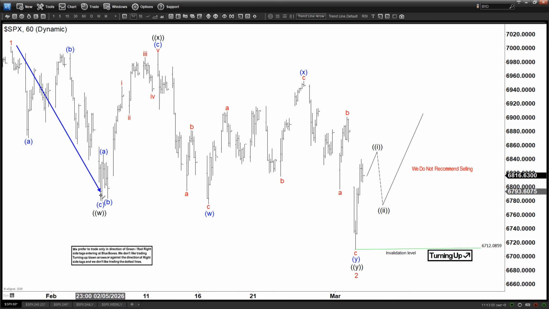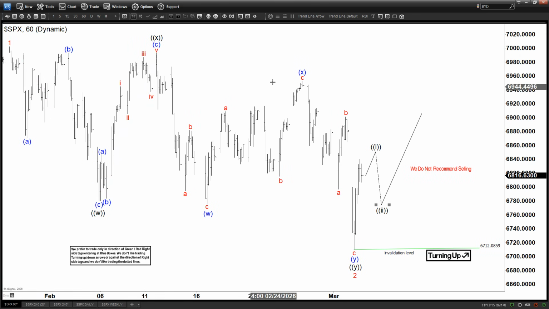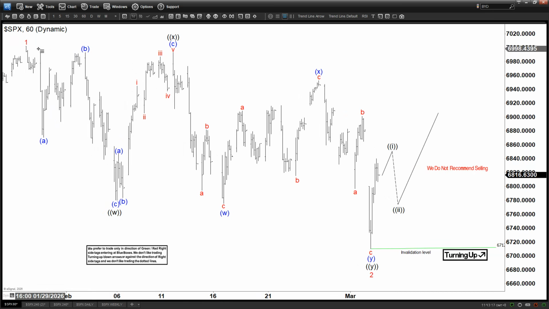So you got 3 waves here, you got a connector, you got a rally which failed to take out the previous peak, and then you got another 3 waves here ending here at the Y, right? So if you take a look at this correction, if you count it this way, it does kind of look corrective. It is definitely not an impulsive structure.